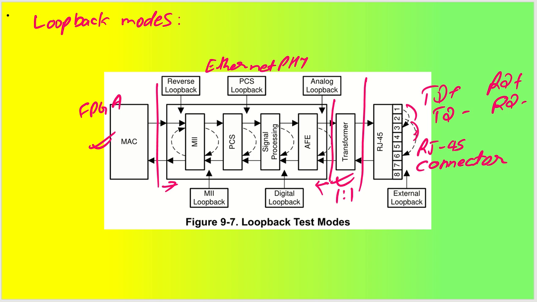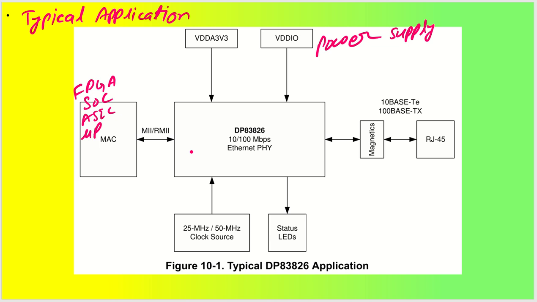Let us talk about the typical application of this particular IC that we have studied till now. We have almost studied everything. Let us say we have this IC, an Ethernet PHY IC capable of giving you 10 Mbps and 100 Mbps data rate speed.